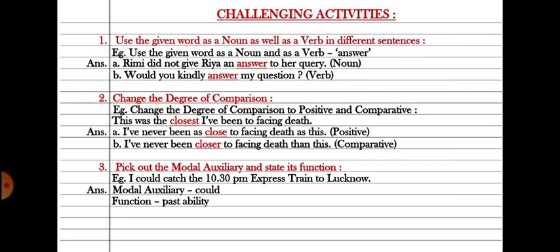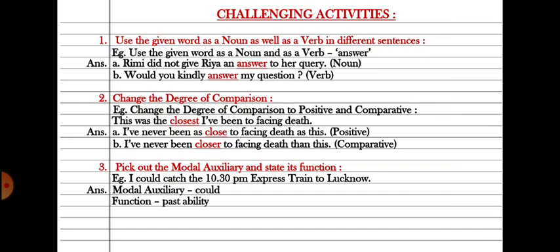For example, smarter. The superlative degree is used to state the highest degree between three or more items, groups, or persons. For example, smartest. Now let's have a look at the example given.